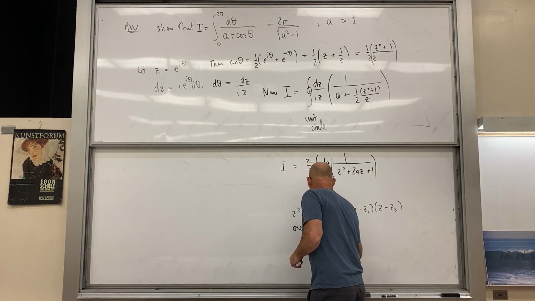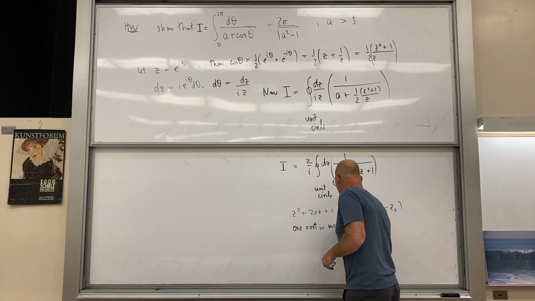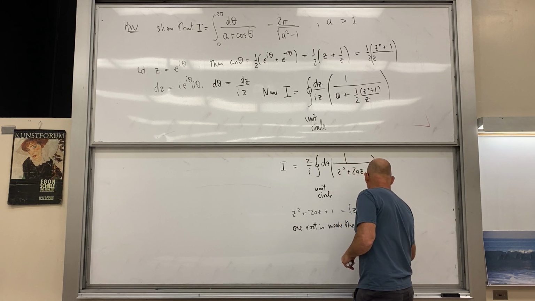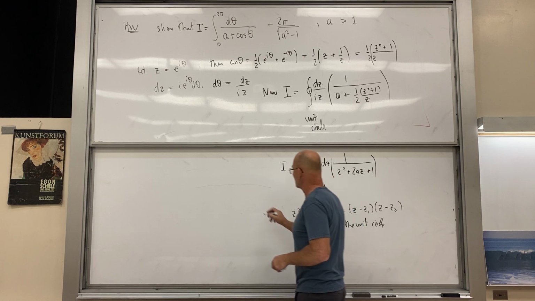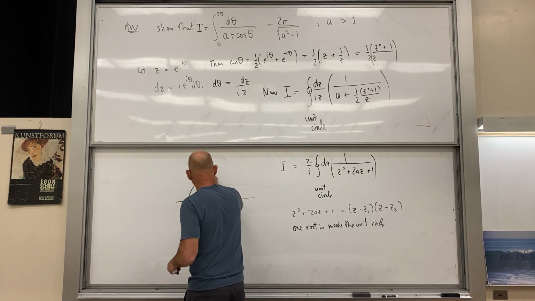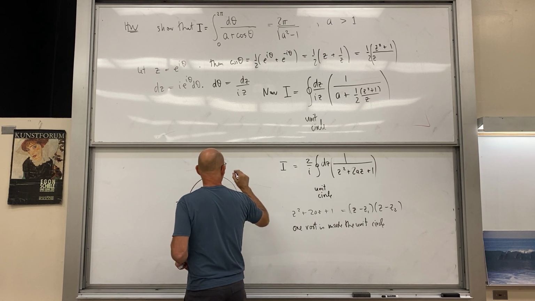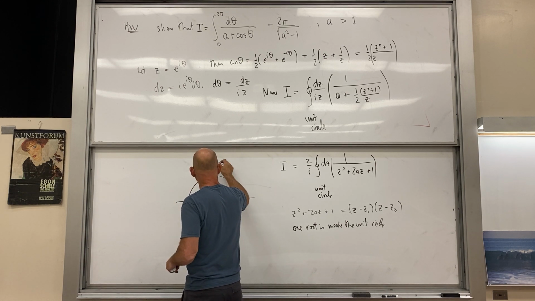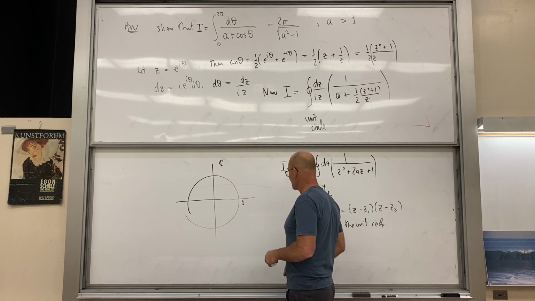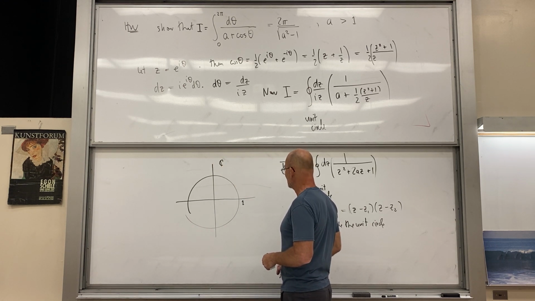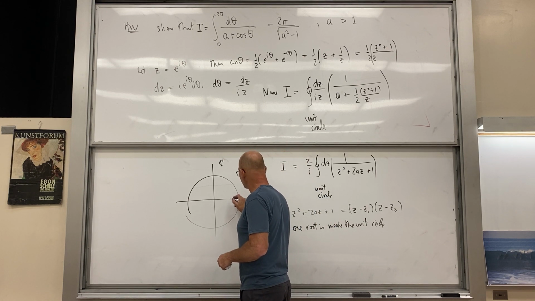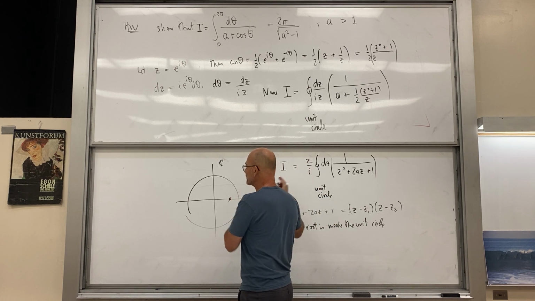One root is inside the unit circle. And you know, here's your unit circle in the complex plane. And there's going to be one that's inside the unit circle somewhere and one that's outside, okay?